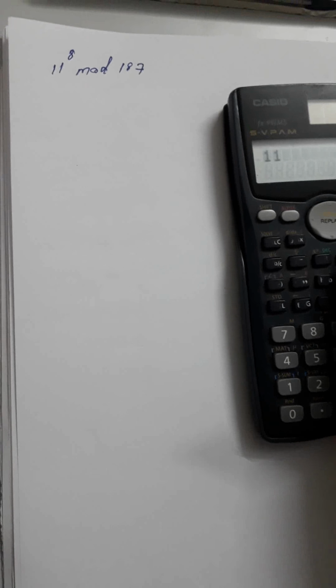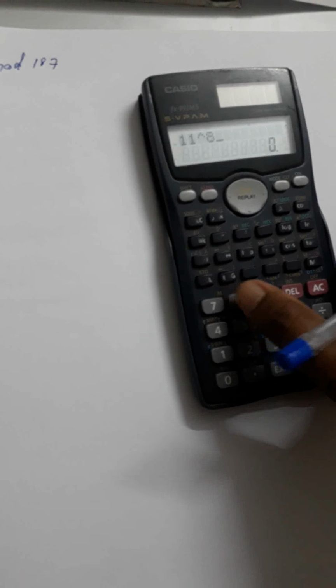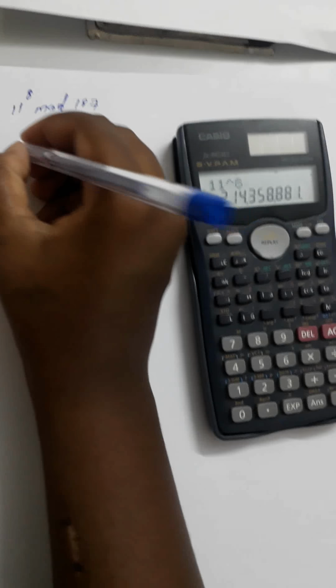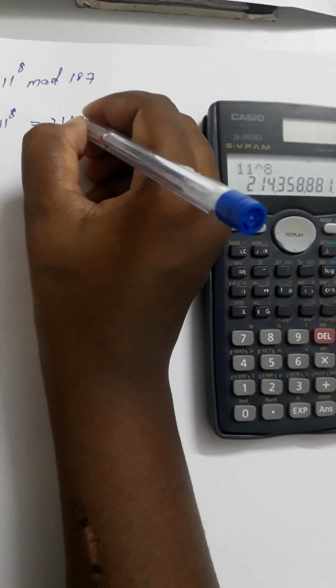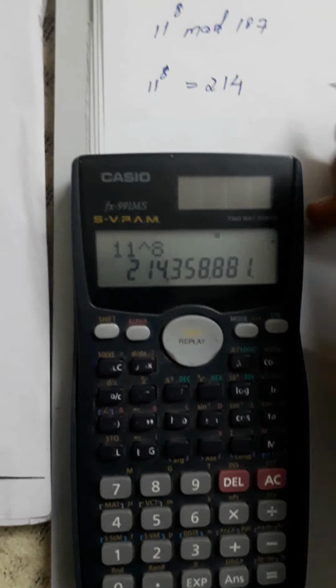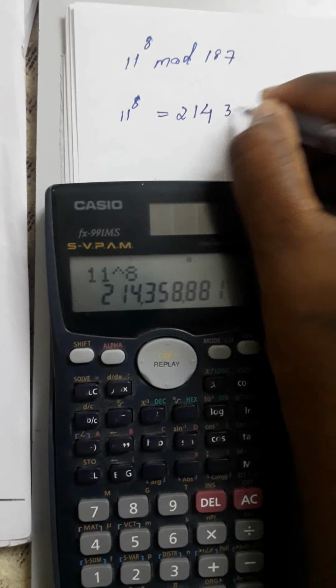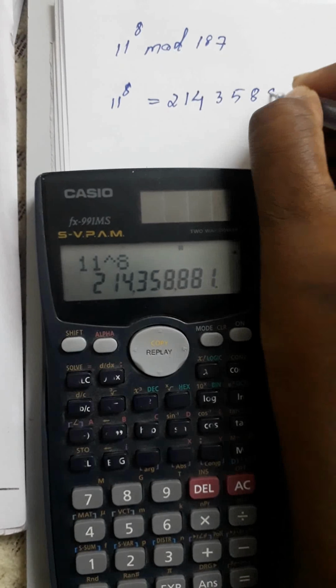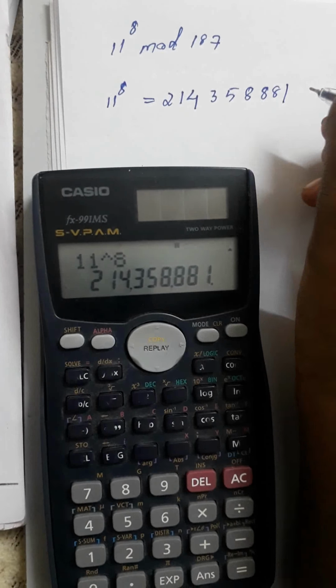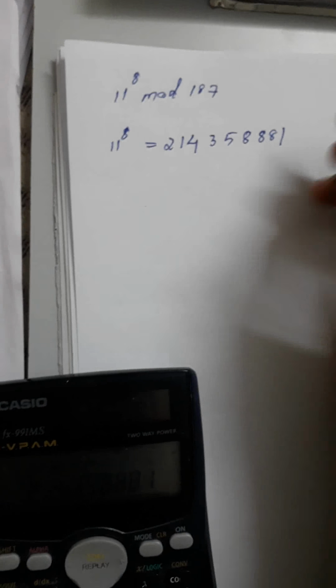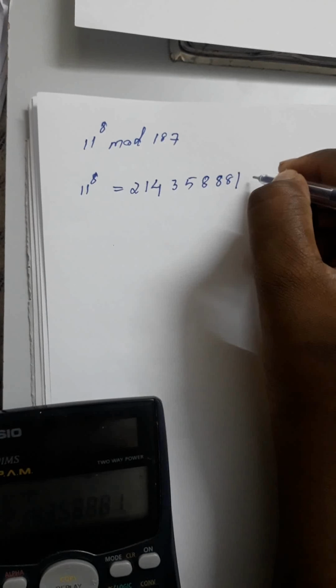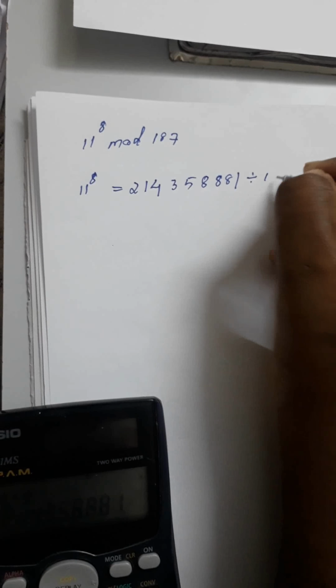11 to the power 8 is equal to 214358881. This is the value of 11 power 8. Now we need to divide this value by 187.